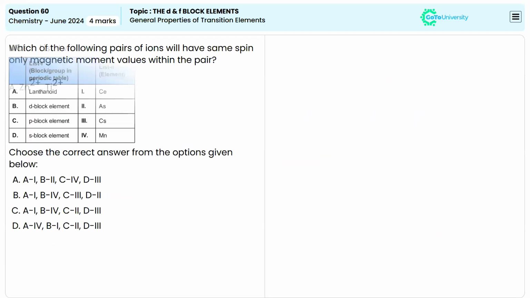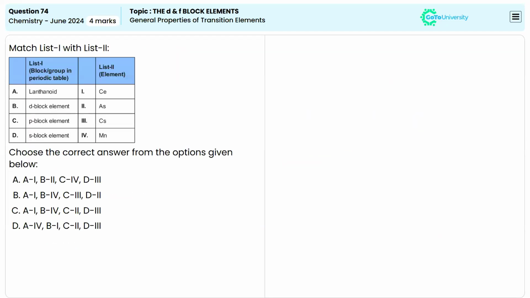Yes. Next question. We have two lists here, list one and list two. We have to match list one with list two. So the first one we can see is lanthanide. Which among the following is a lanthanide?